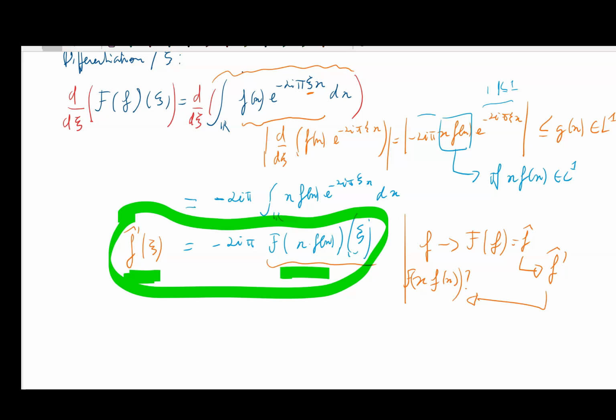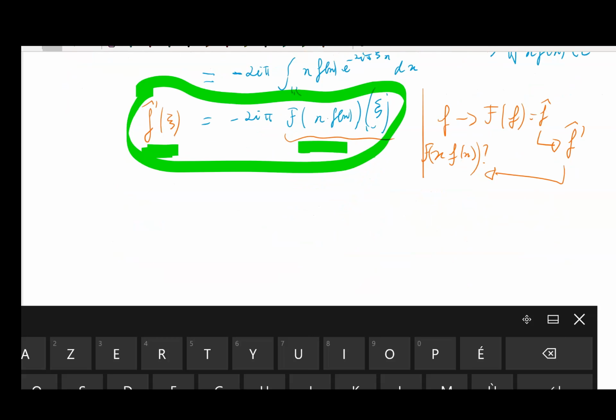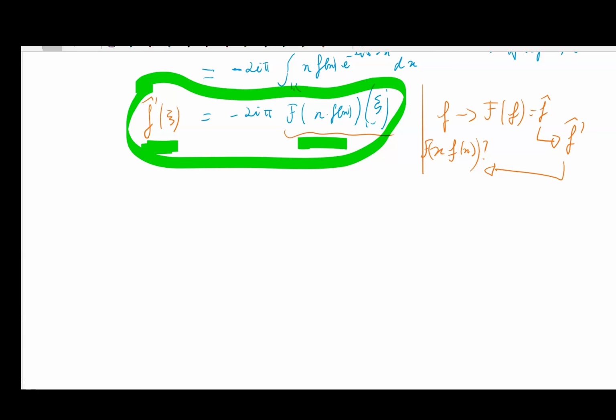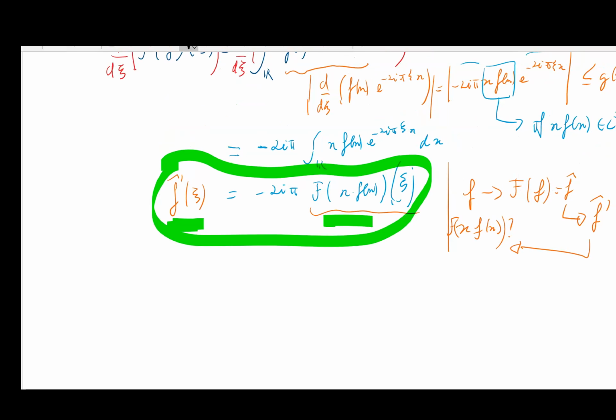Let's do an application of that formula. You remember we had computed the Fourier transform of my gate function. Let's take the simplest gate, the one that is 1 between negative 1 over 2 and 1 over 2.